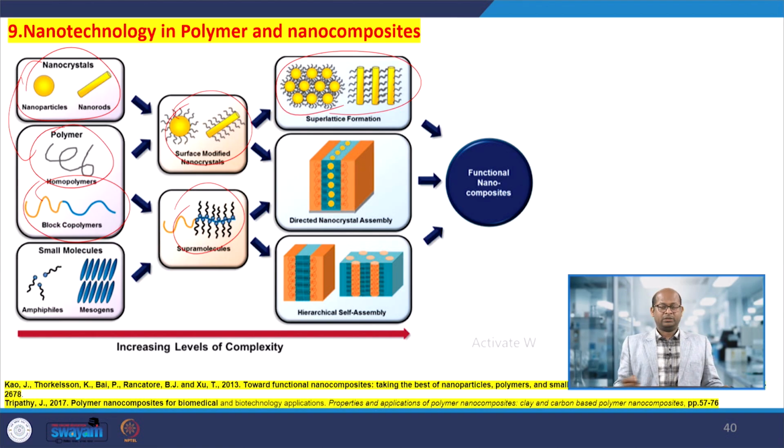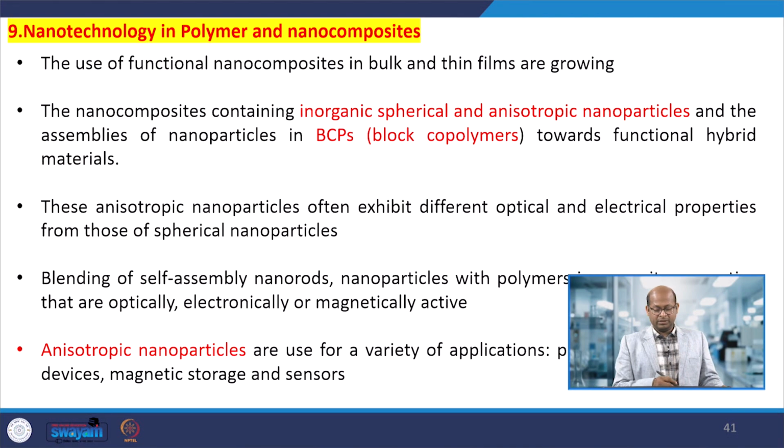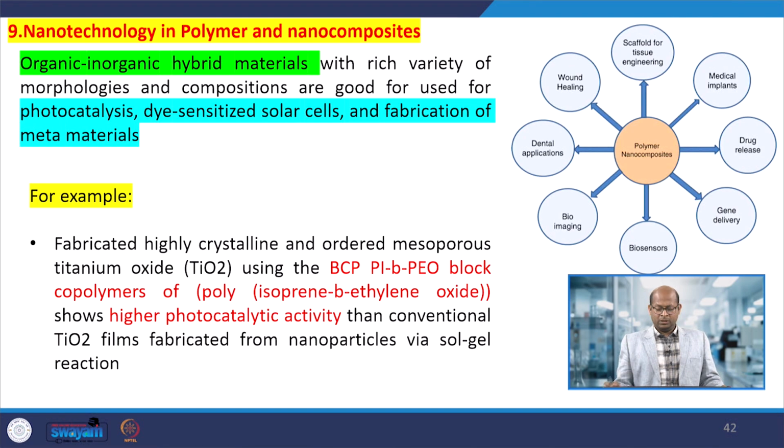I said in microbial fuel cells, membranes also we can develop this way. The polymer nanocomposite materials would be good for fuel cells or other places. Here you can see many applications: medical implants, wound healing, dental applications, bioimaging, biosensors, many places it has been used.